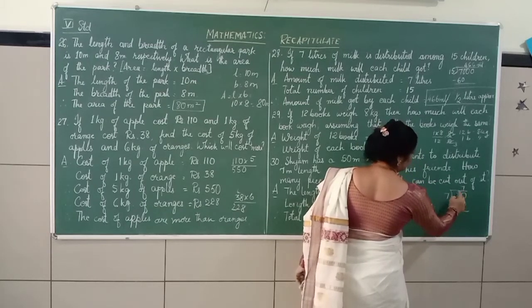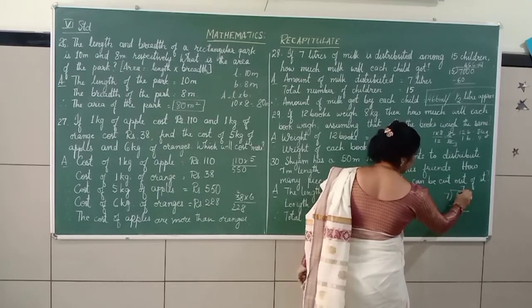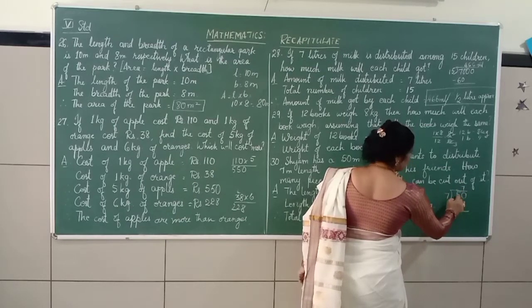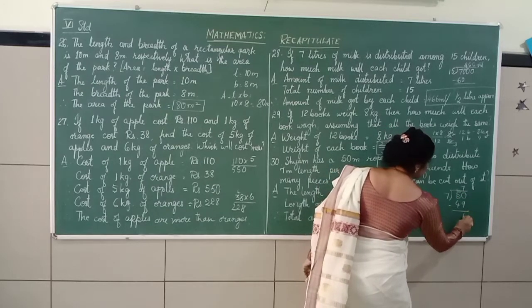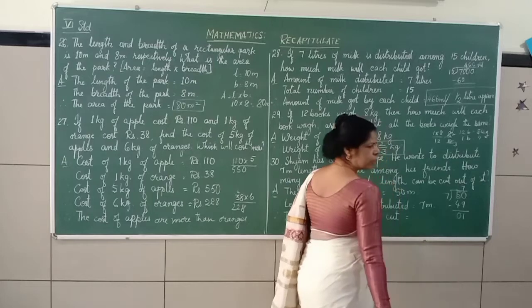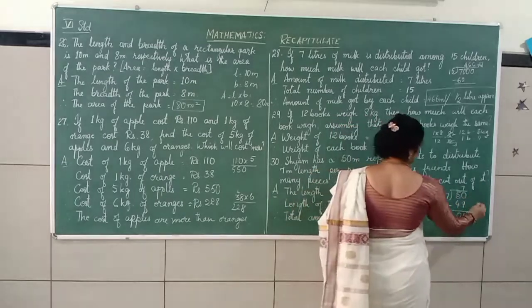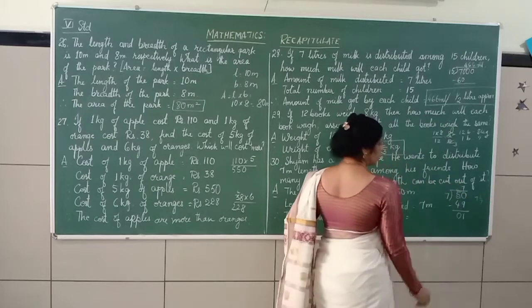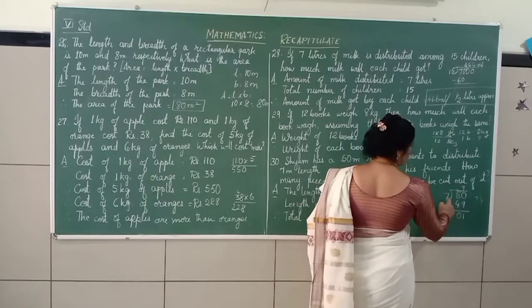So what you have to do? You are borrowing 1 from 5. It becomes 10 here. And here 4 remains, isn't it? Here 10, and here, because 1 is gone there, 4 remains. So 10 minus 9 is 1. 4 minus 4 is 0. So what is the total length? It is 7 1 by 7. Isn't it? 7 1 by 7.